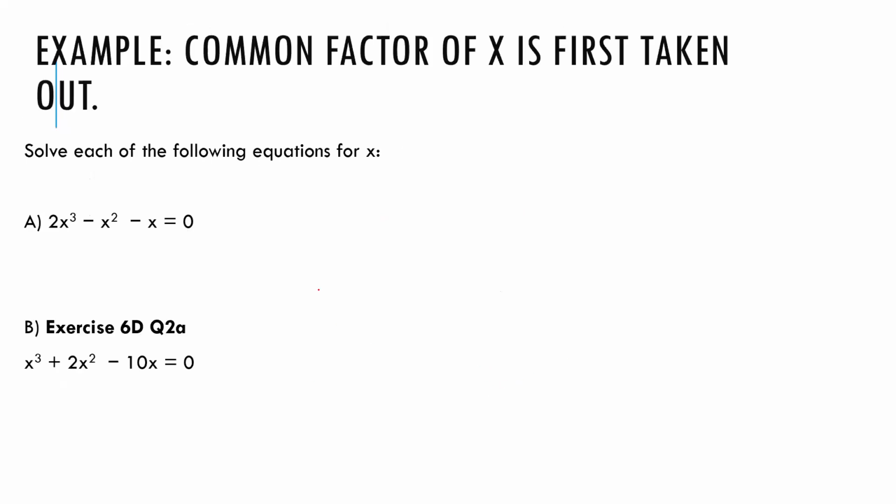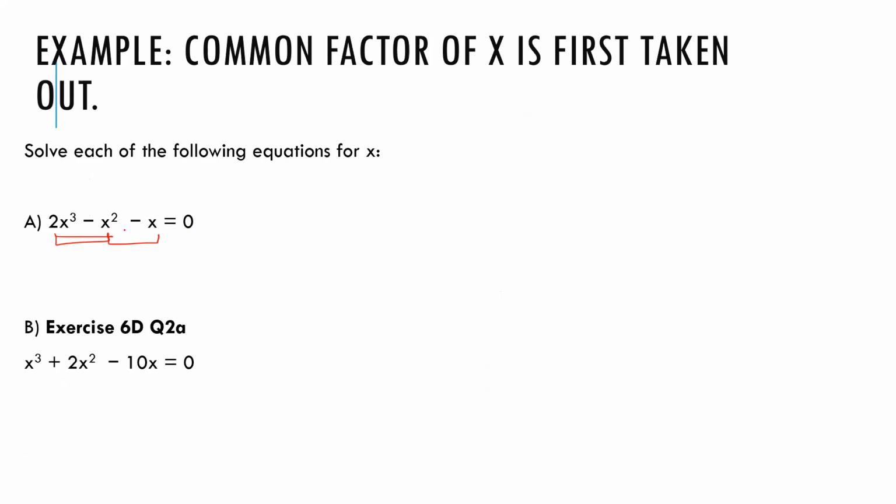Now, looking at this cubic equation, we can take out a common factor, like grouping. Let's say I take out the common factor for the first term.